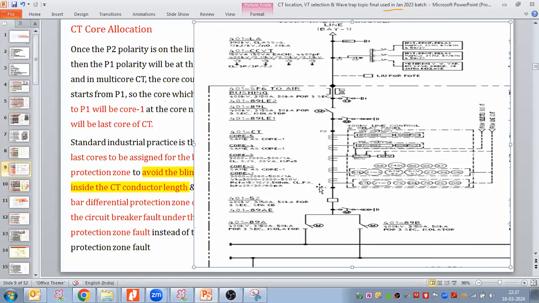Here is the snapshot. So S1 here, this line extended, this line extended, this line extended here. But ideally, this is metering, there is no protection zone, so any line we can extend, or we can take center tapping. So here, the last one.